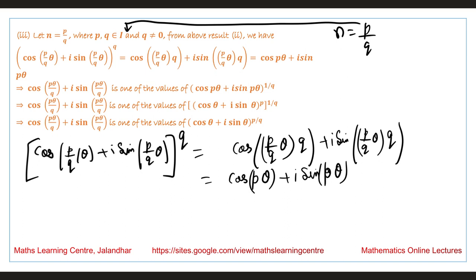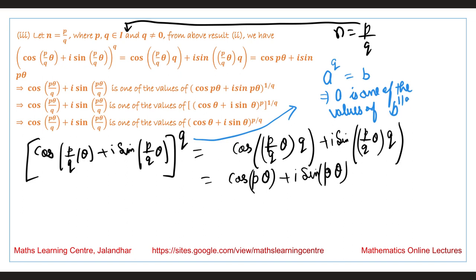So what we are trying to say is that if we have a raised to the power q equal to b, then this implies that a is one of the values of b raised to the power 1 by q.